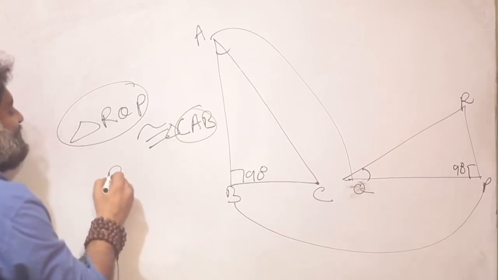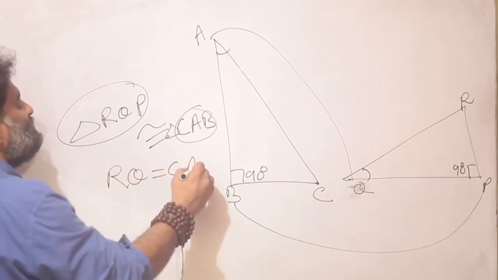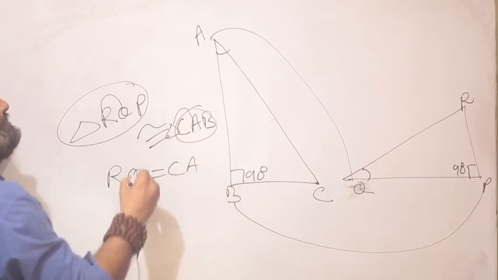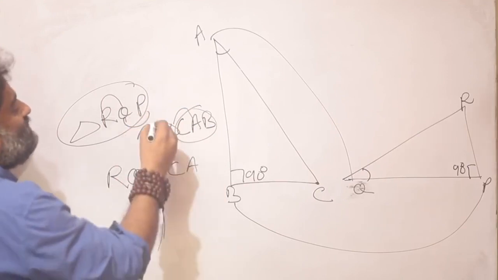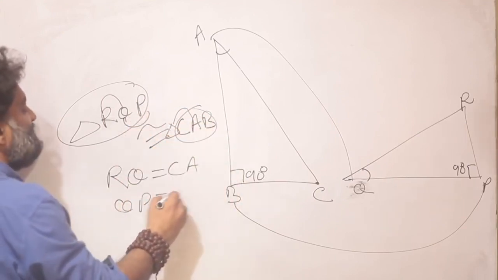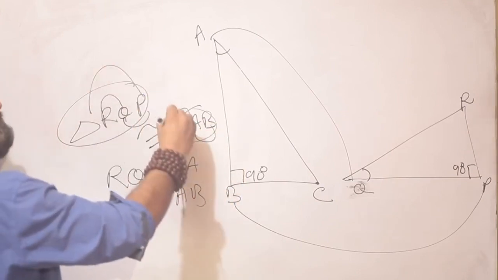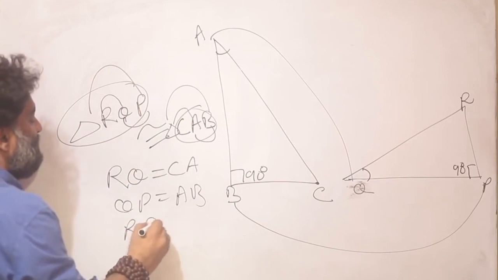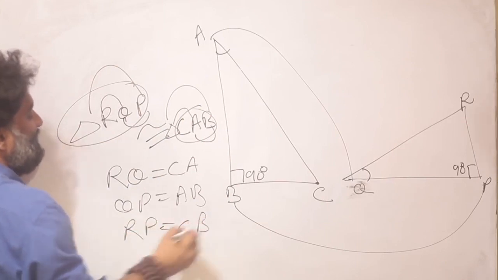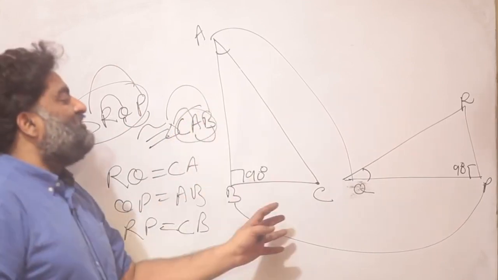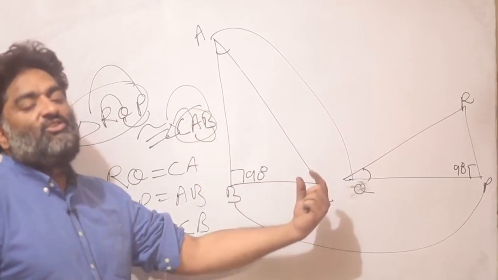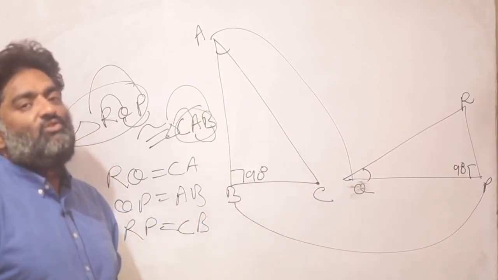What that means once again is RQ is equal to CA, QP is equal to AB, and RP is equal to CB. So if you draw this triangle out and move it across, you will see that these three sides are equal to each other.